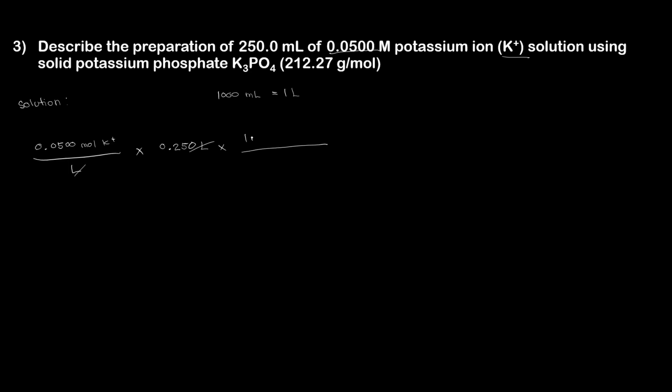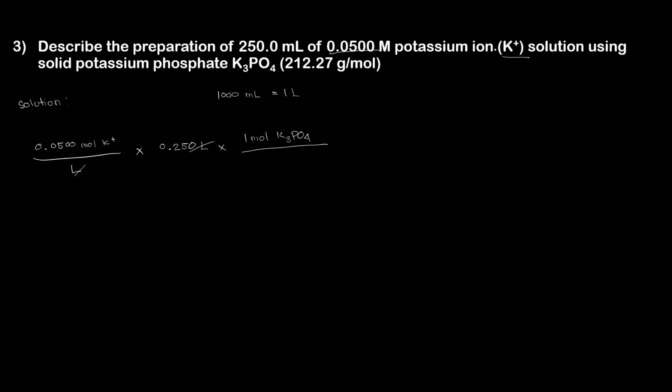Now let's use the stoichiometric coefficient with 1 mole of the potassium phosphate, K₃PO₄, the solute that we'll be using. How many potassium ions are there in potassium phosphate?